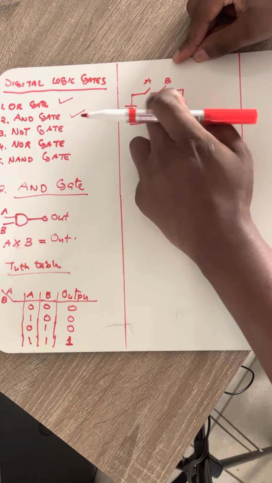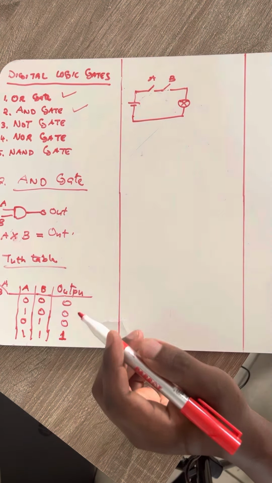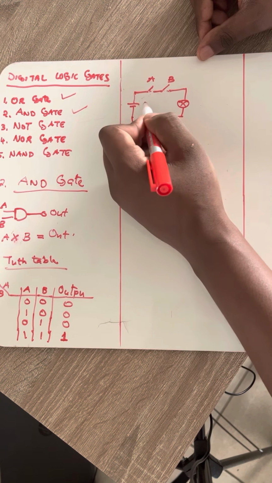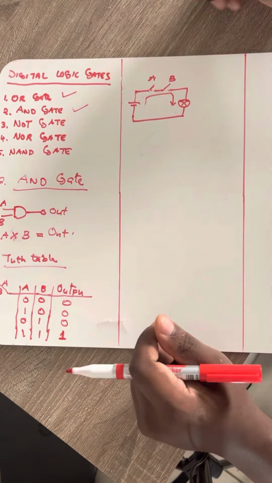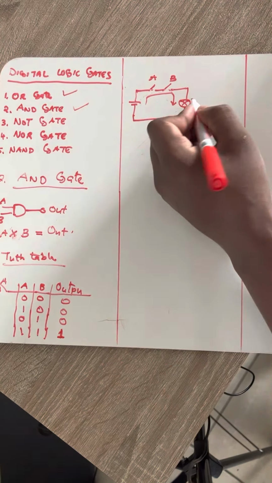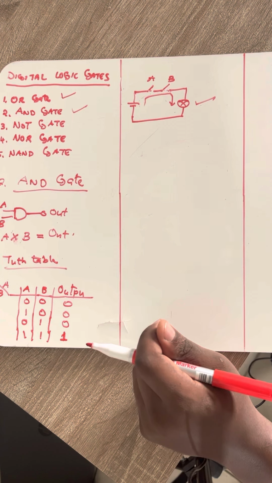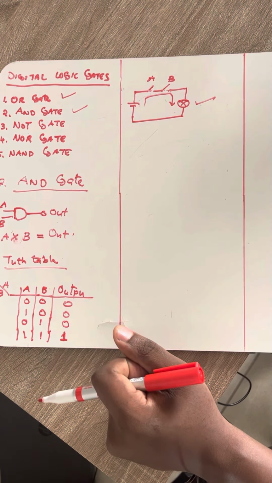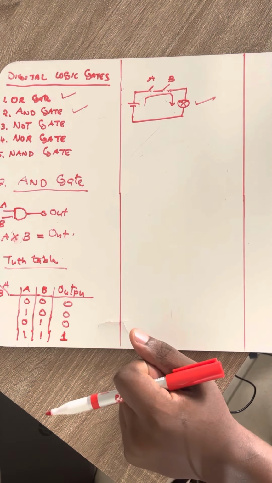So the current can only go across the bulb when both switches are closed, when both switches are true. Then our bulb will glow. This is how an AND gate operates in logical digital systems.